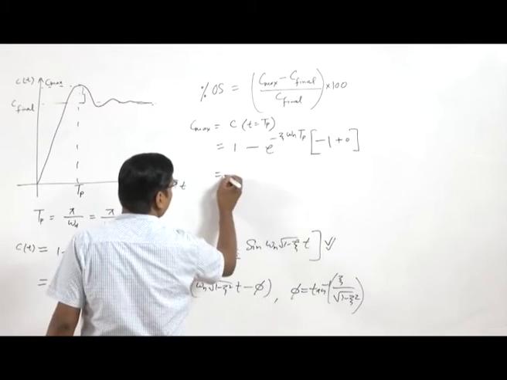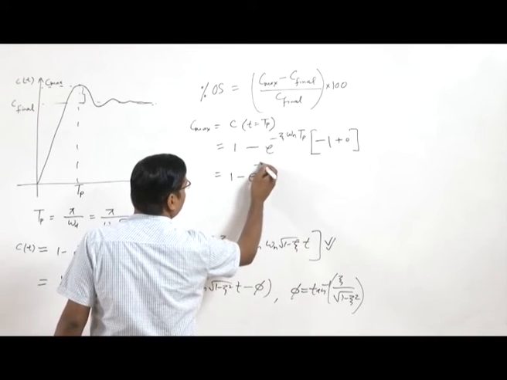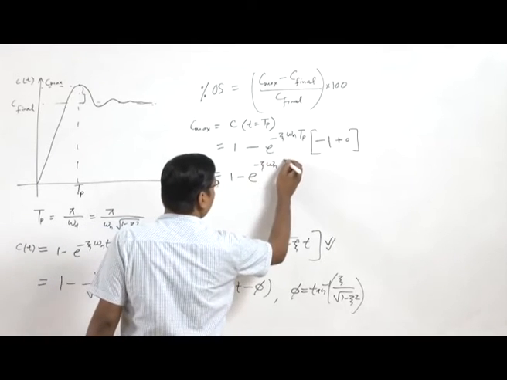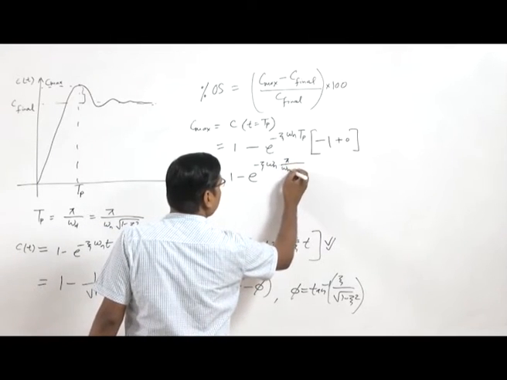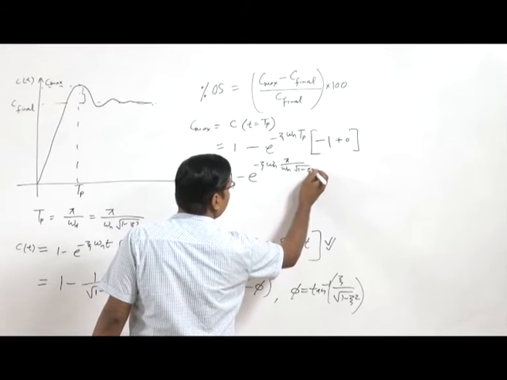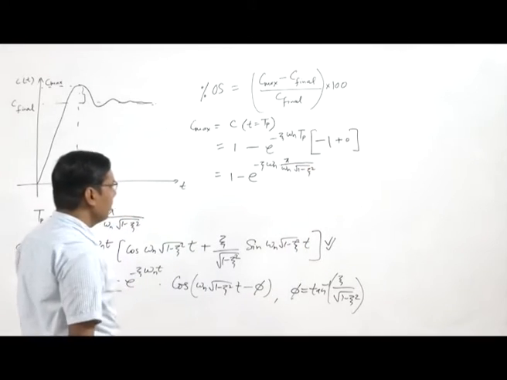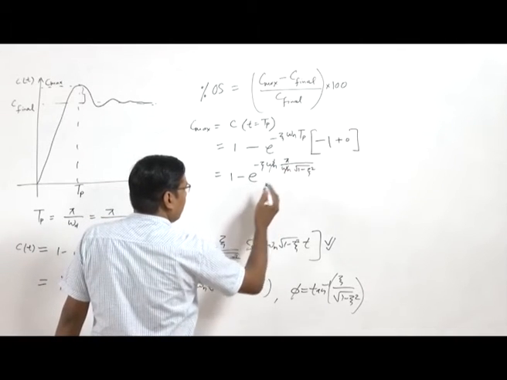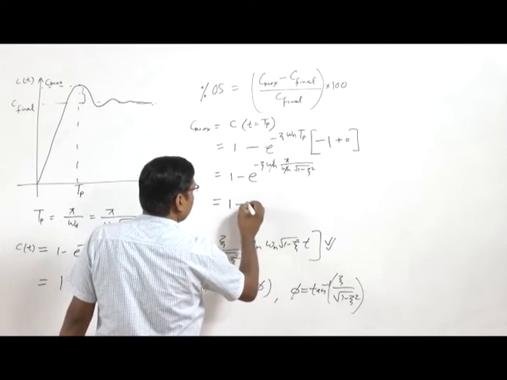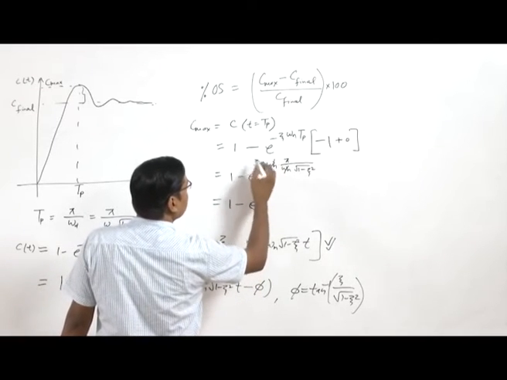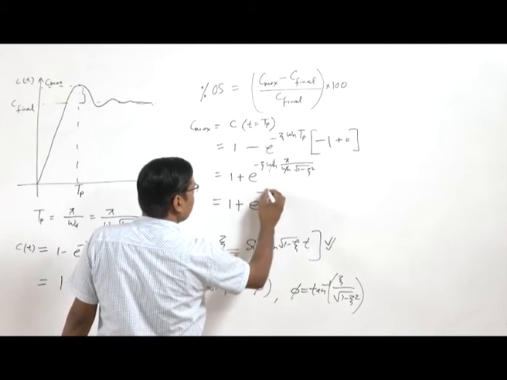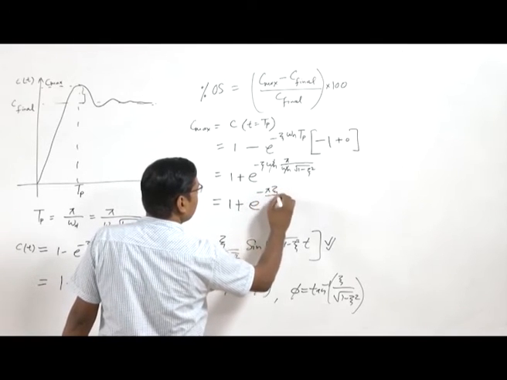Here omega n will cancel out, and we will get 1 plus exponential minus pi zeta upon root 1 minus zeta square.